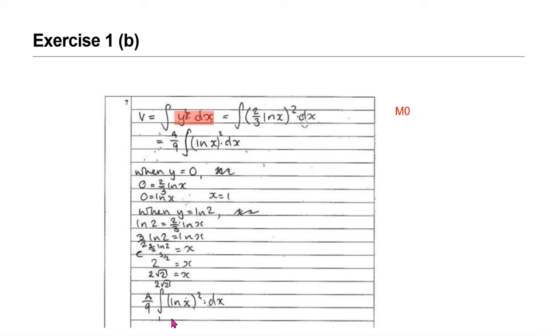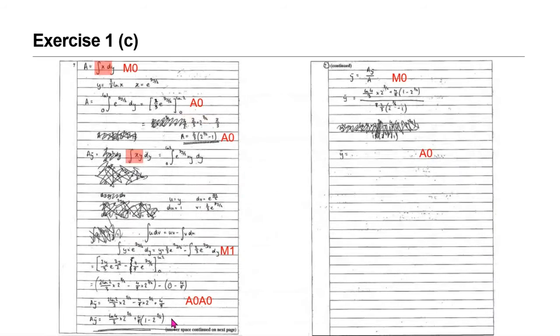Here's another script on the same question, but it's hard to give this candidate any marks at all. They're just not performing the right solid of revolution in their head. So this script is an interesting one.